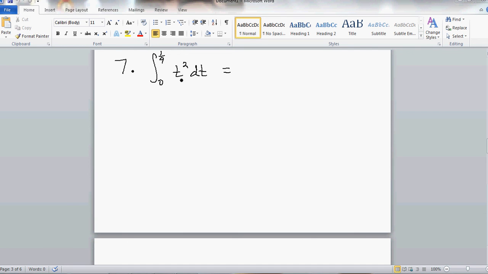Well, first thing we have to do is find the integral of this. This is t cubed over 3. We're going to evaluate that from 0 to 1/9, which will equal 1/9 cubed over 3 minus, I'm just plugging in the 1/9, minus 0 cubed over 3.